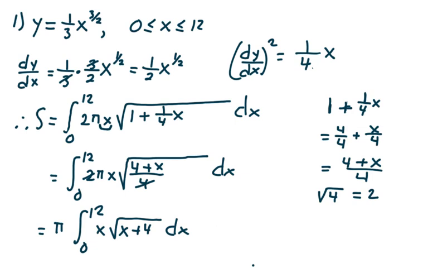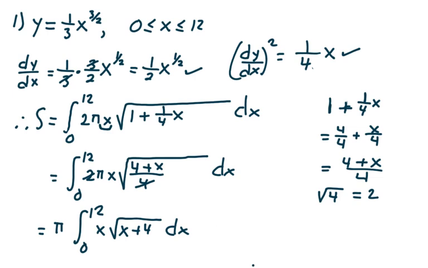dy/dx is 1/3 times 3 halves x to the 1/2, which is equal to 1/2 x to the 1/2. If I take dy/dx and square it, I get 1/4 x.